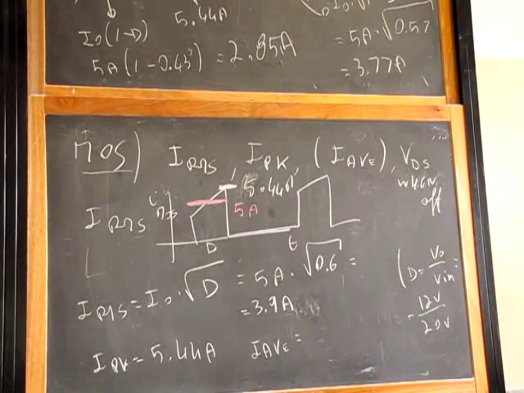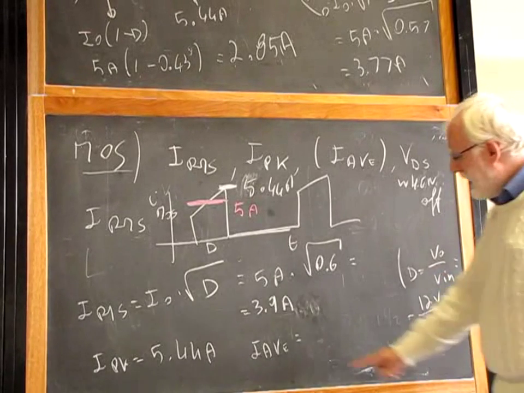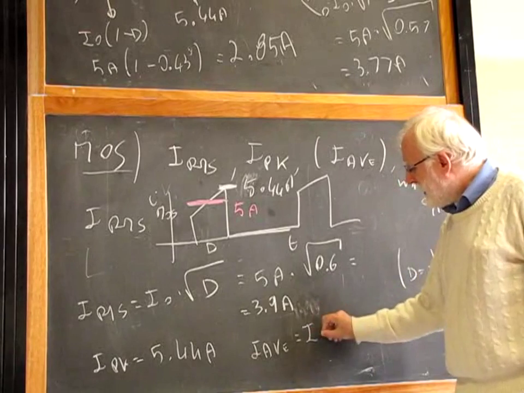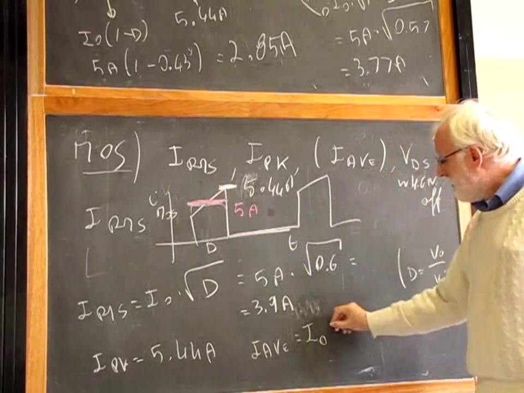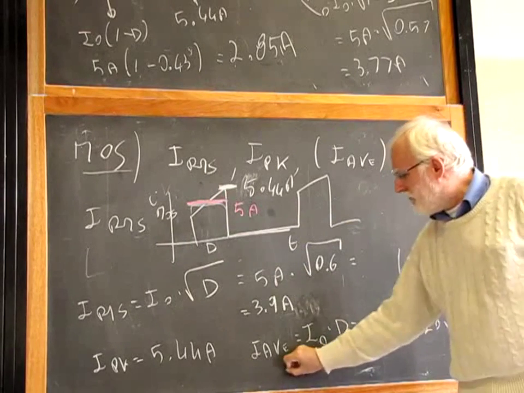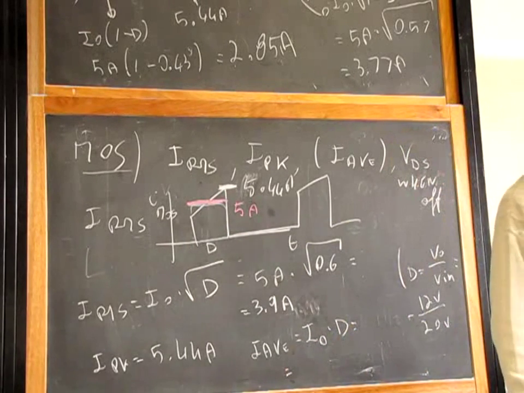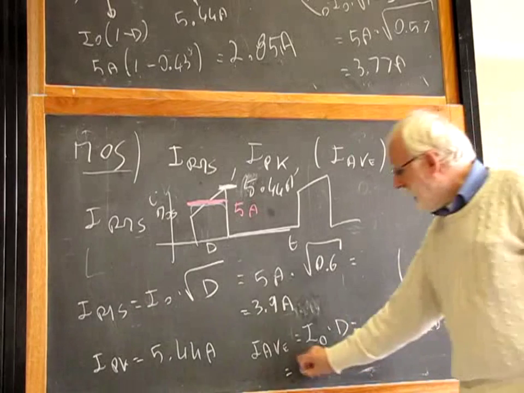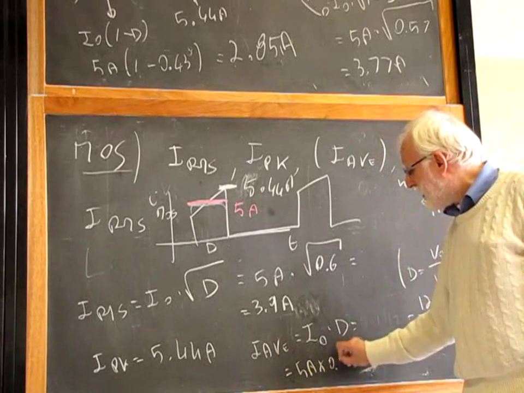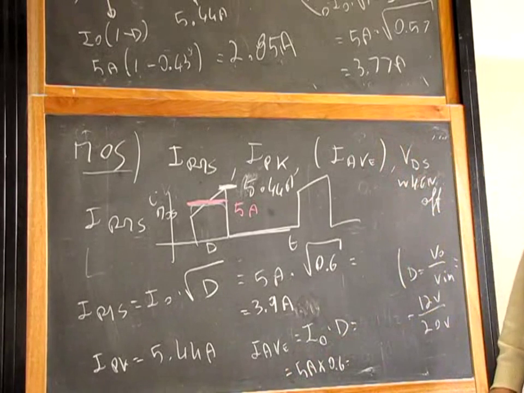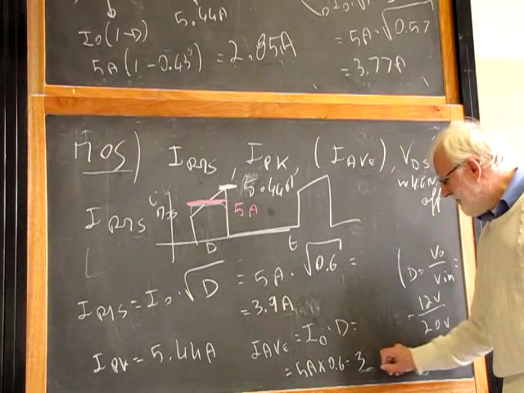Not to determine its losses, but we find it anyway. Average current for the MOS transistor equals I naught, the average of this waveform, I naught times D. How much is I naught times D? 5 amps times 0.6. That is 3 amps.